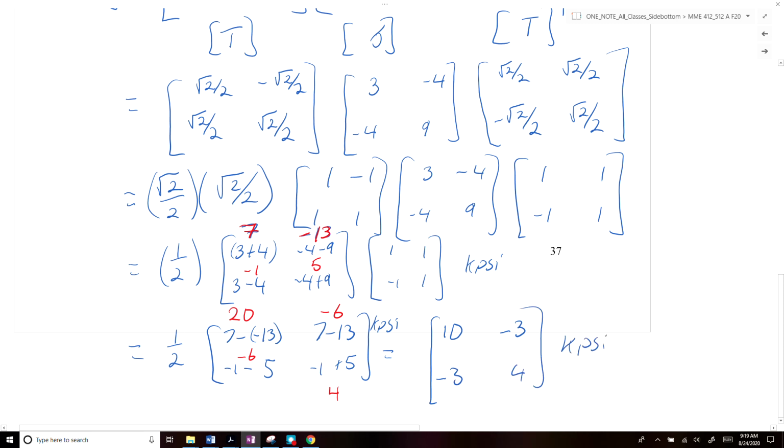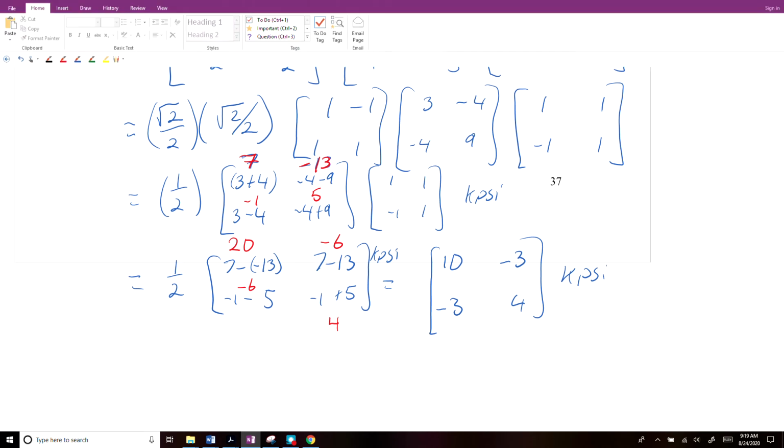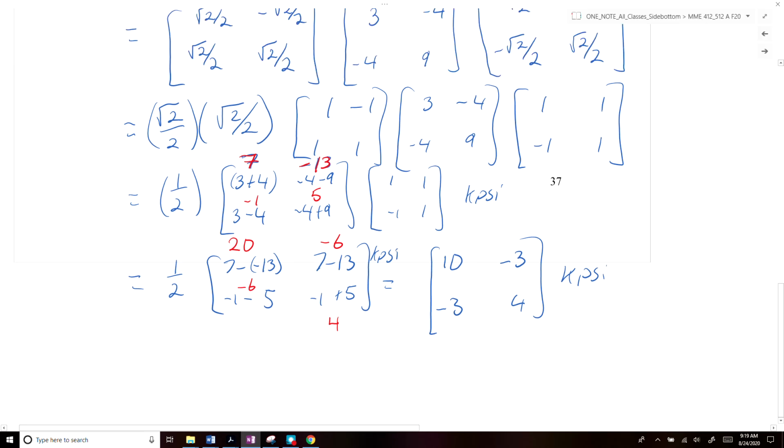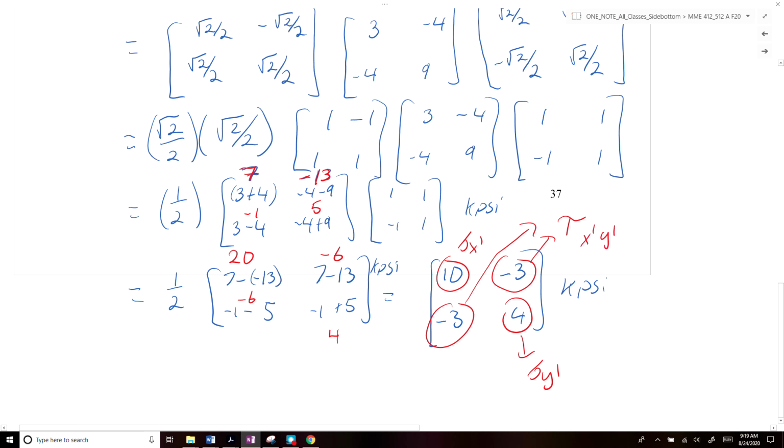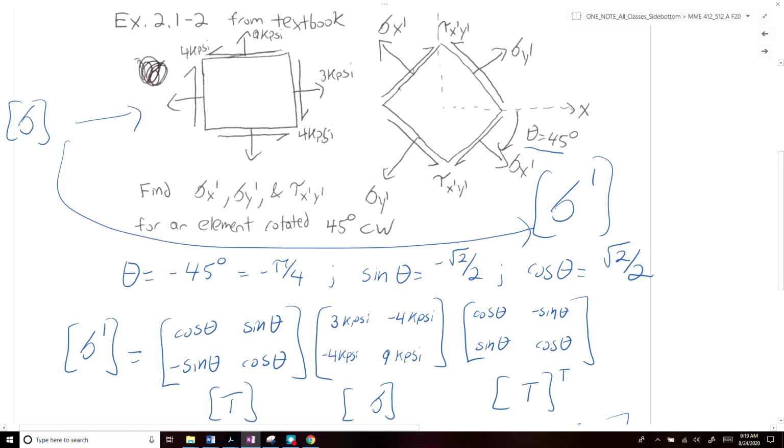Just to reiterate, 10 kpsi is our sigma x prime, 4 kpsi is our sigma y prime, and the minus 3 terms are both our tau x prime y prime, which is what our problem was asking us for.